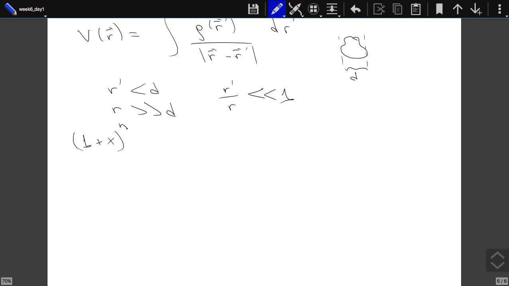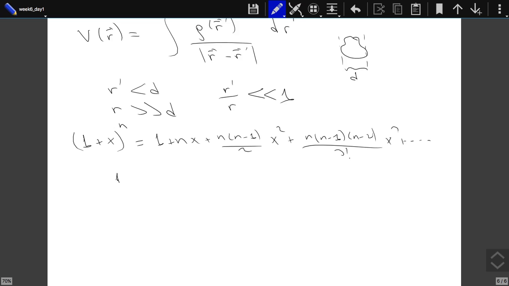You see, 1 plus x to the power n, for x small, will be 1 plus nx plus n times n minus 1 over 2 x squared plus n times n minus 1 times n minus 2 over 3 factorial x cubed plus etc. So this is how it would go.